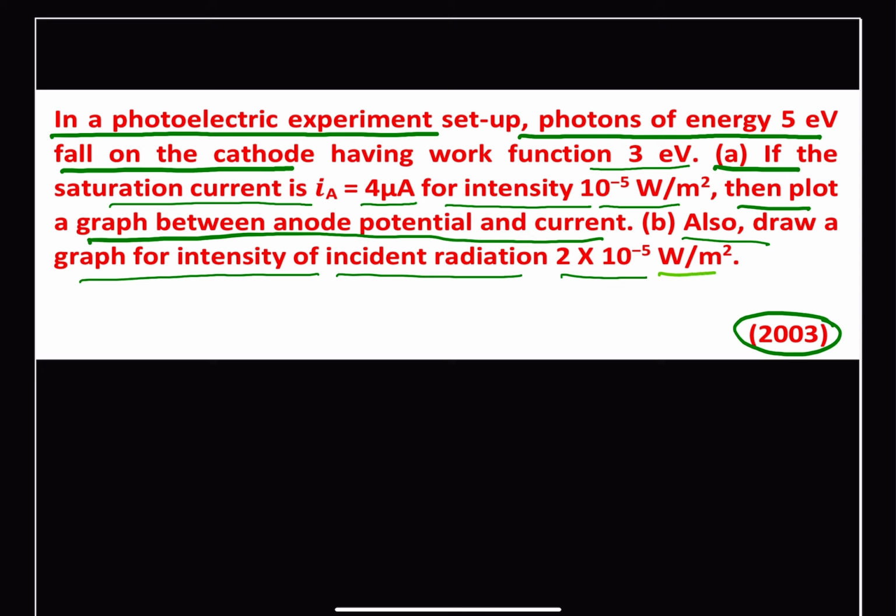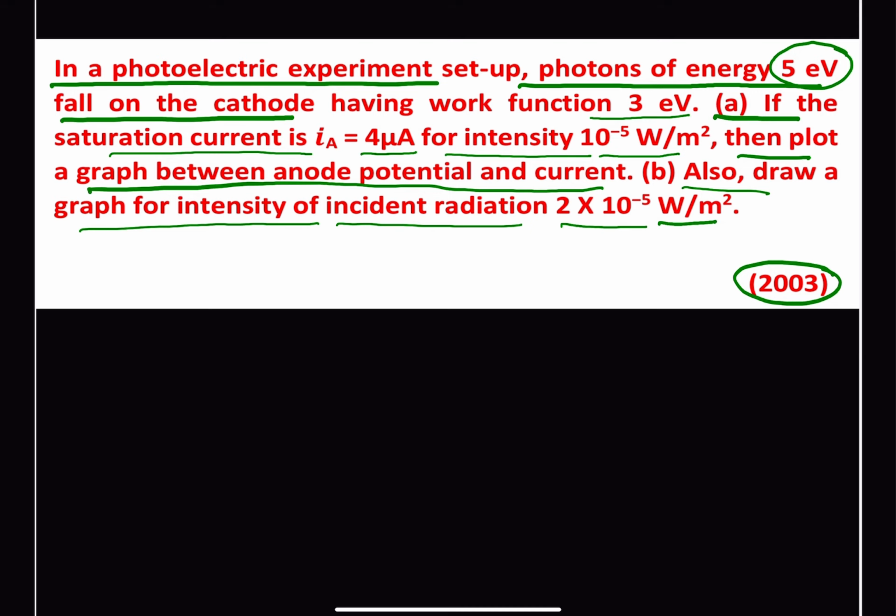So in this case, we are given a saturation current, and we are also given the energy of the incident photon, that is our photon energy, 5 electron volt. And the work function is given to us as 3 electron volt.